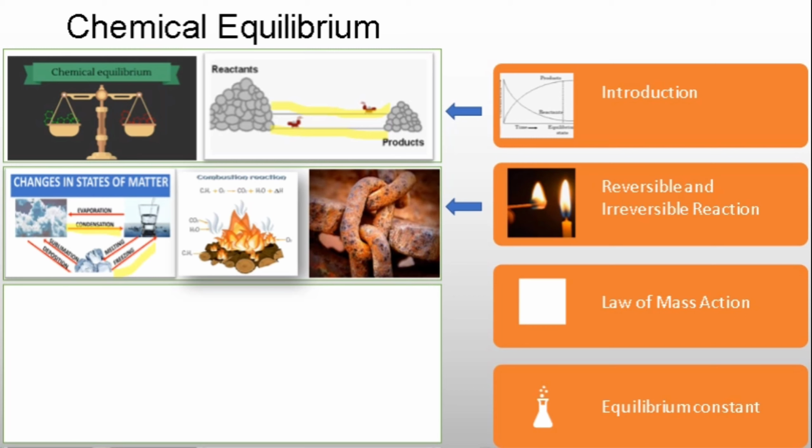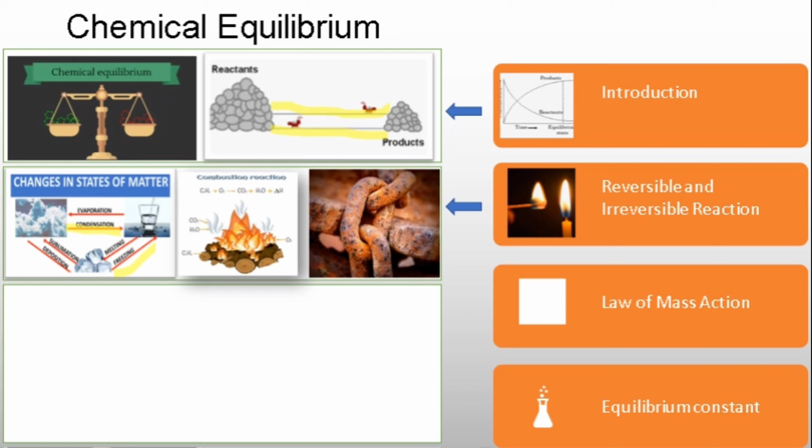Now come to the next topic, the law of mass action. What is the law of mass action? The law of mass action means Kc, in which reactant and product are formed and then chemical equilibrium is achieved.